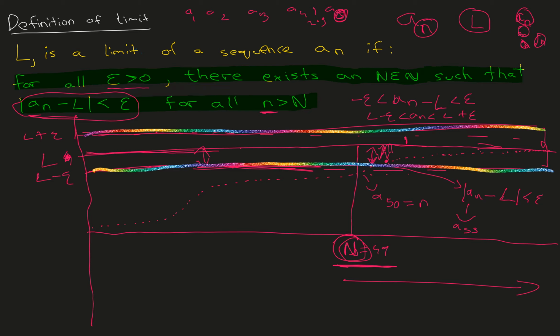It doesn't matter, for example, if this sequence is going up and down, up and down, up and down. After some time, later on, after millions and trillions of these cycles, it will end up being in this tube. So that's basically the definition of a limit.